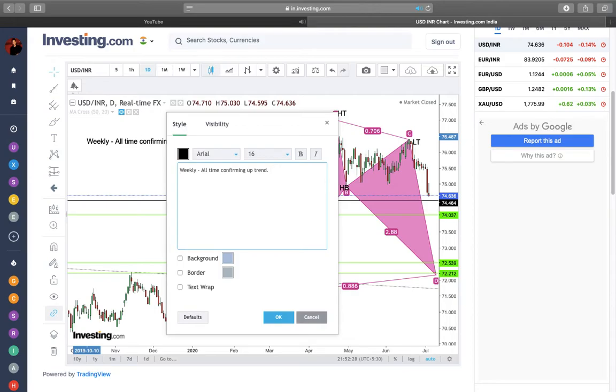On the daily, we are seeing a pullback, and we are hypothesizing the potential reversal zone using the bullish bat pattern. Support PRZ, or the support points, are coming at 73.99, 72.53, and 72.21.